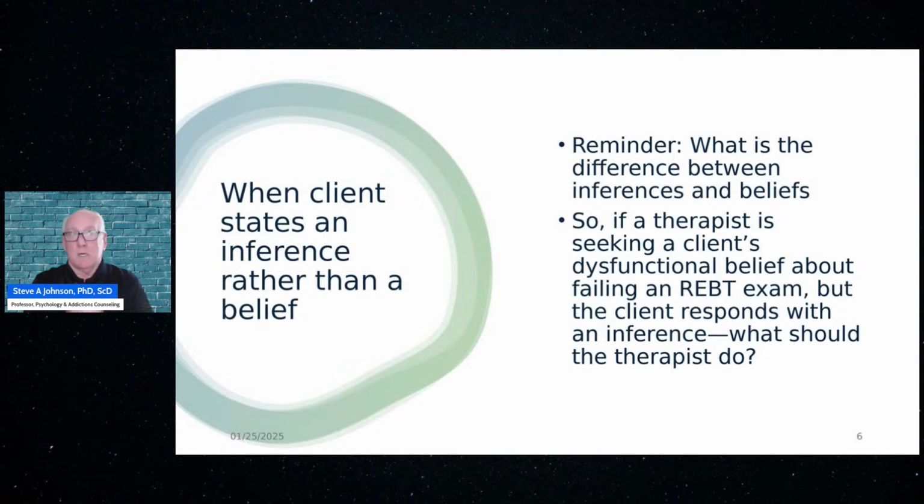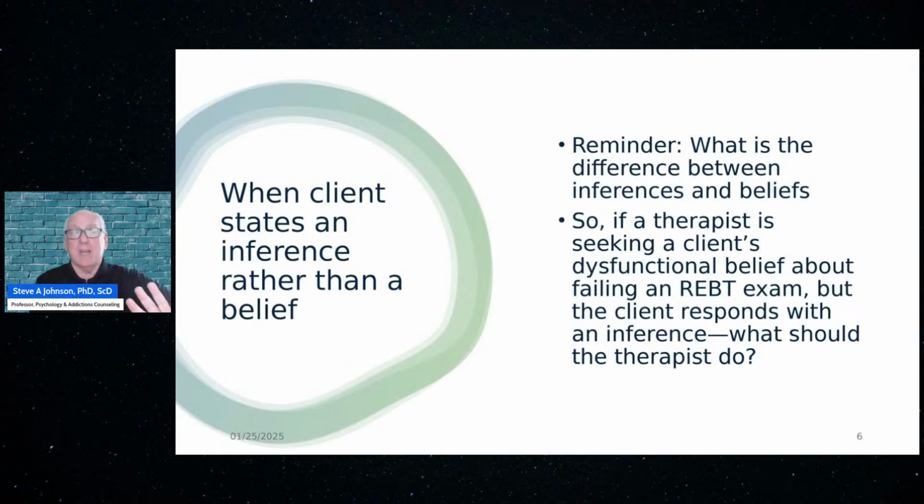It's not awfulizing or catastrophizing. It's not frustration. It's also not a global negative rating. It is the meaning that they're giving to losing that job. The meaning they give to it is that they'll never get another good job. That's the meaning. Now, that's not a helpful meaning, and that's going to get in the way. But what I want to do is work with the belief, because the belief will be closer to the depression than that inference will, right?